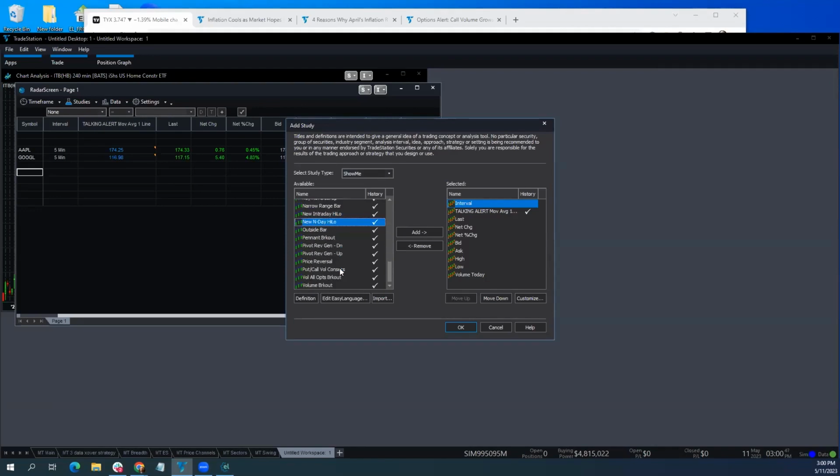Maybe it's this one. I thought it actually had this. And it will just talk and tell you when things make new highs or lows. One of these here might be the new intraday high or low. I'm not sure, but it will actually tell you when a new low occurs for the day.